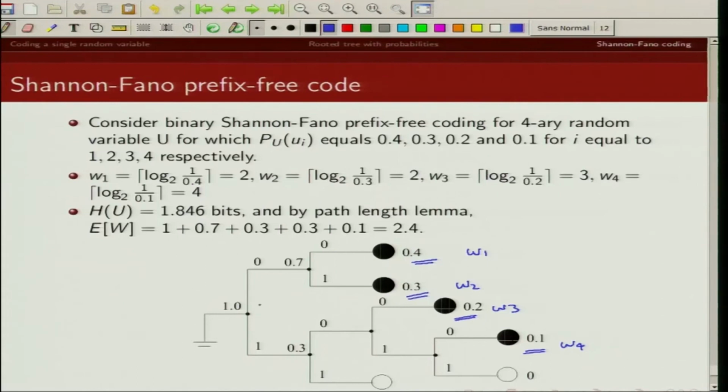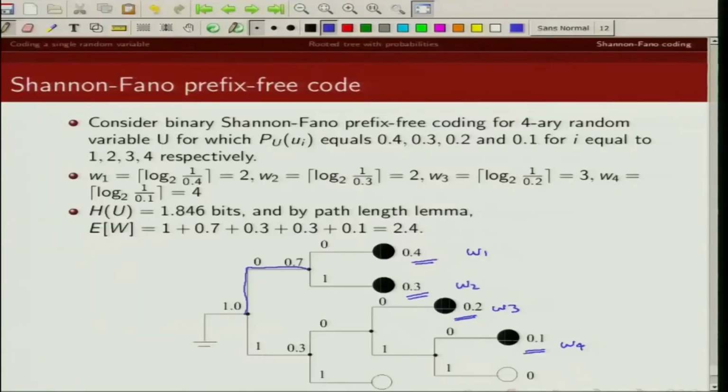Again, we arrived at this by first creating a full D-ary tree of depth 4, and then we start pruning the tree at W1 equal to 2. So you can see the depth here is 2. What was coming out from this node, we have pruned it. Similarly W2 was 2, so we considered a node at depth 2, and then we pruned the tree beyond that.